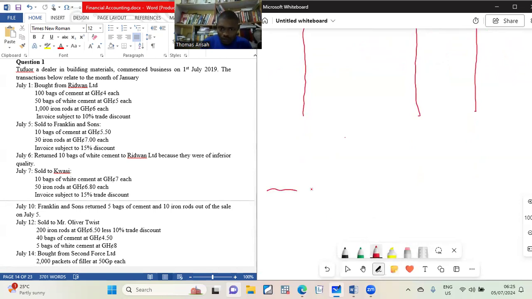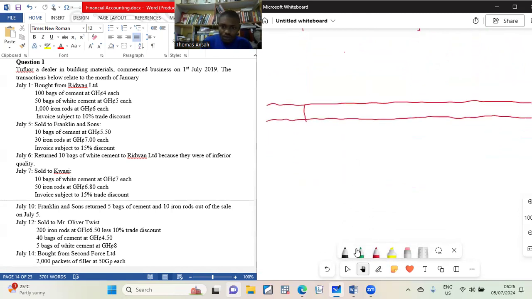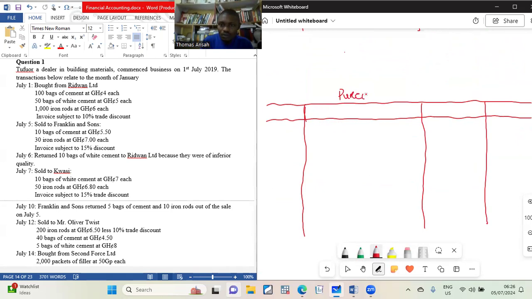Draft the same thing for purchases. Make sure you leave enough space because the transactions may be lengthy. Same thing. Let's call this one the purchases day book.